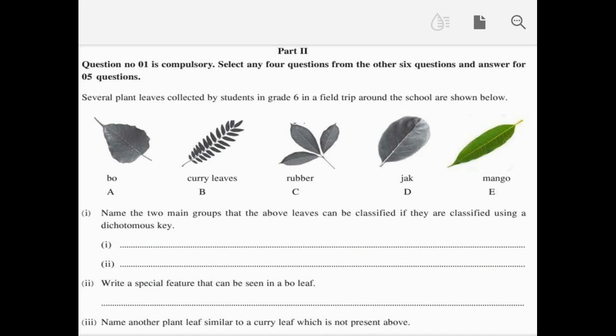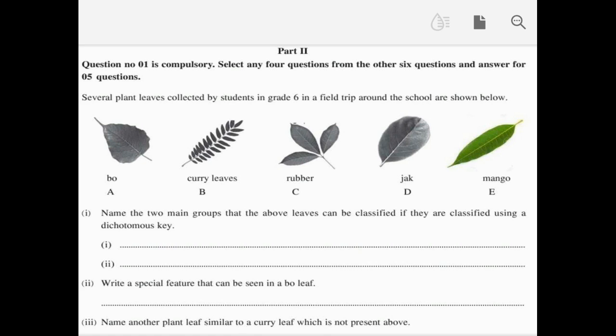dichotomous key. In a dichotomous key, usually we use the features that we can see, called appearance. By using their appearance, we divide in a dichotomous key. There are two main types of leaves, which are the simple leaves.